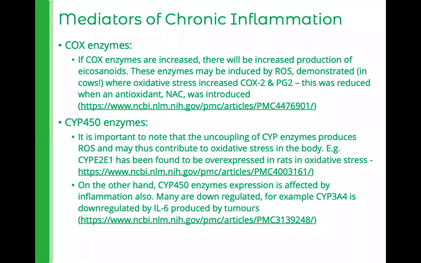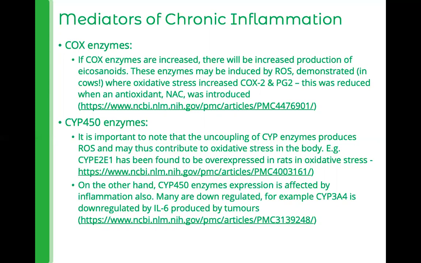And there was a little note in there about the CYP450 enzymes. It is interesting. When the CYP enzymes have done their job and they're breaking down into little bits, that produces reactive oxygen species, which can then contribute to oxidative stress.